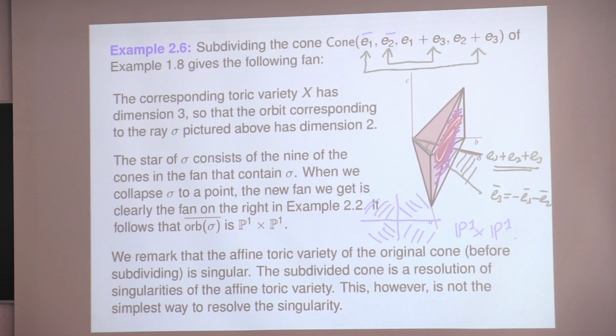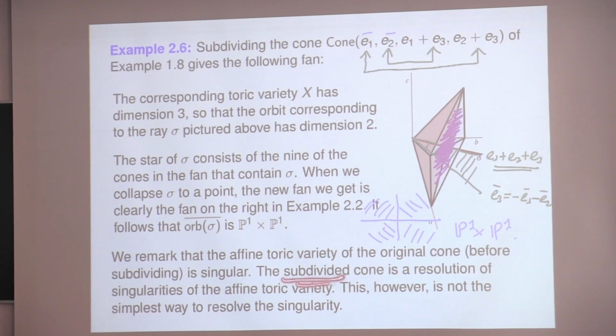So by removing all of this here and taking the fan that is all of the cones except that one, I only removed 1 point. And that one is non-singular anyway. So what happened over here is that we have an affine variety that is singular, and is singular at exactly 1 point, the T-invariant point corresponding to this big purple cone.